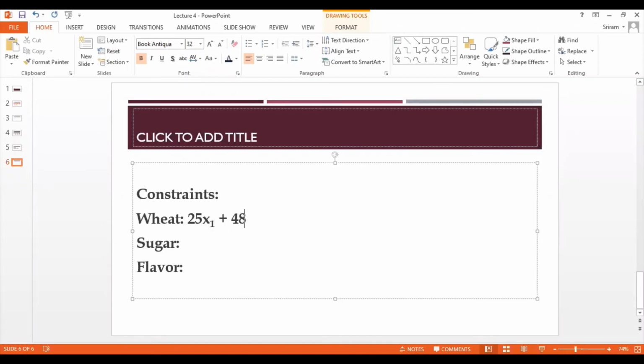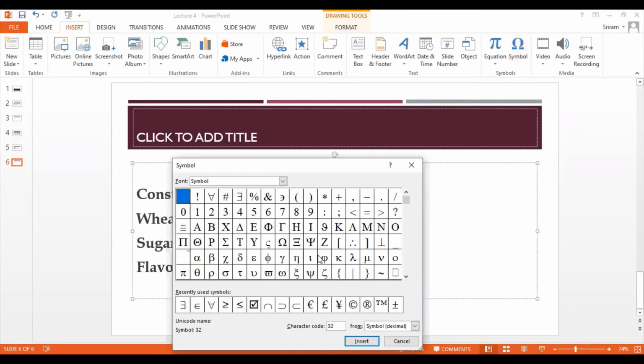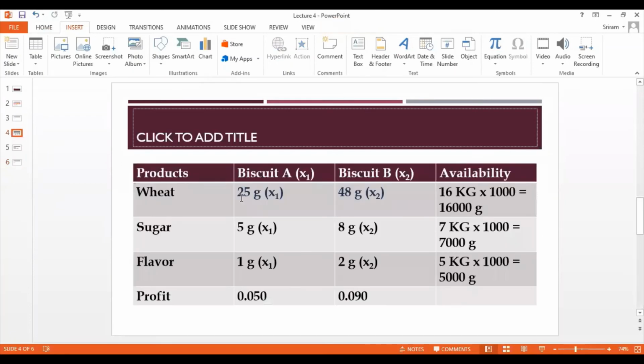Our constraint is maximum, so I am going to use less than or equal to the availability. So for wheat, 25x1 plus 48x2 is less than or equal to 16,000.